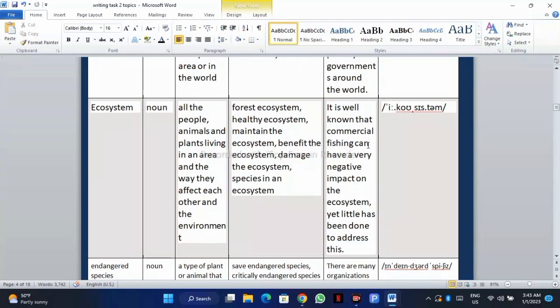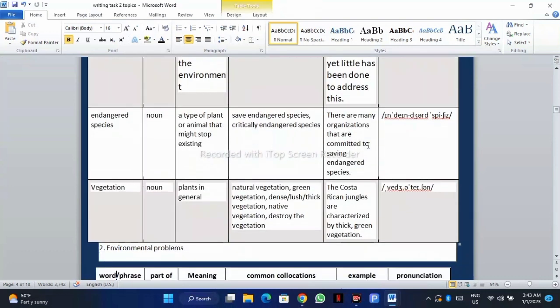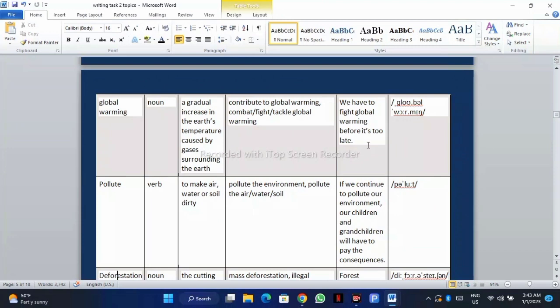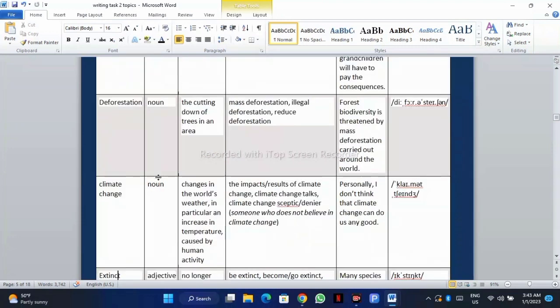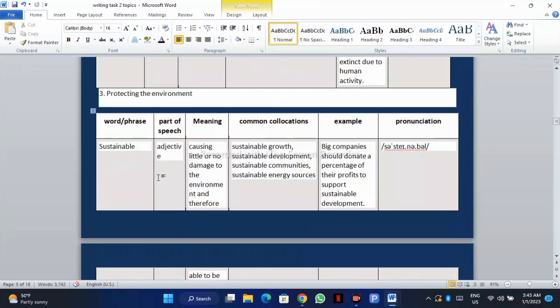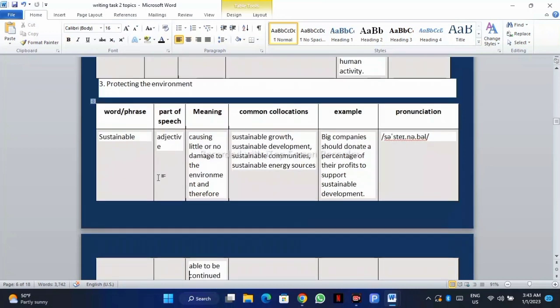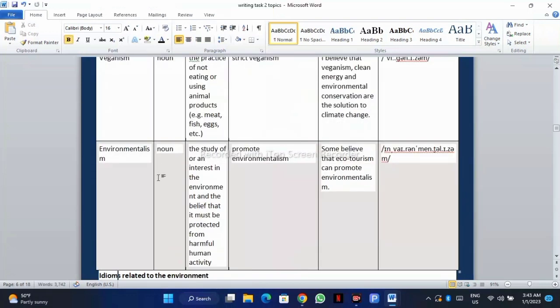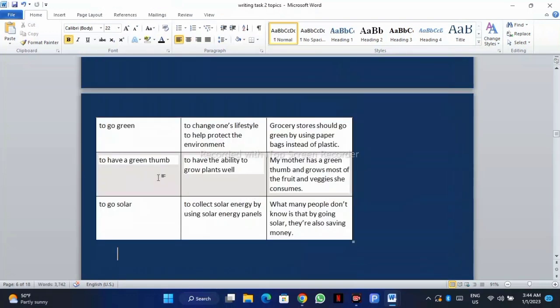When I'm evaluating writing tasks for students, I can say okay, your writing task is at 5 or 5.5. But how do you increase the score? You only need to use complex and compound sentence structures, some advanced vocabulary, and an advanced level of grammar. These are the only three key points that will help you enhance your score from 5 to 7, 7.5 or 8.